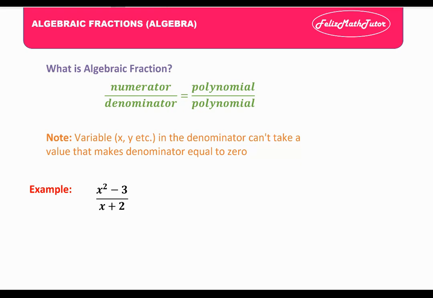We said the denominator cannot be equal to 0, so x plus 2 cannot be equal to 0. This means x cannot be negative 2. Other numbers are okay, but it cannot take negative 2.